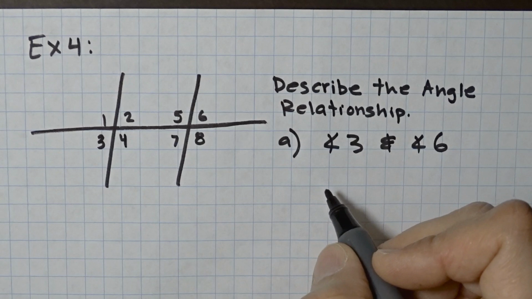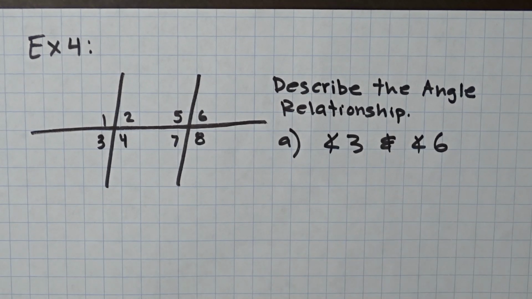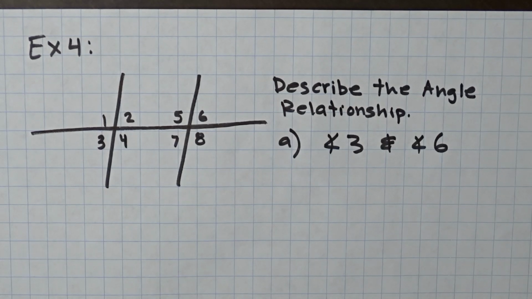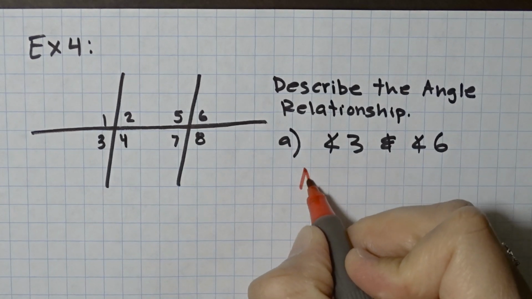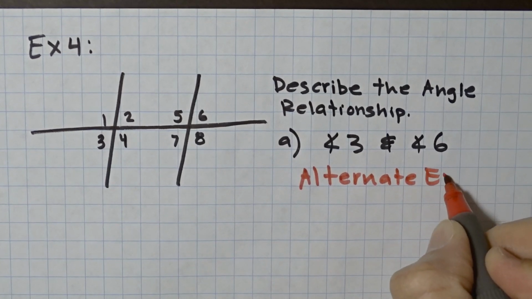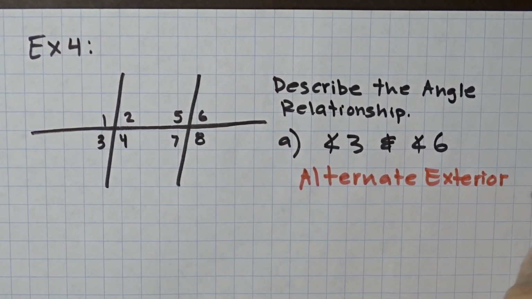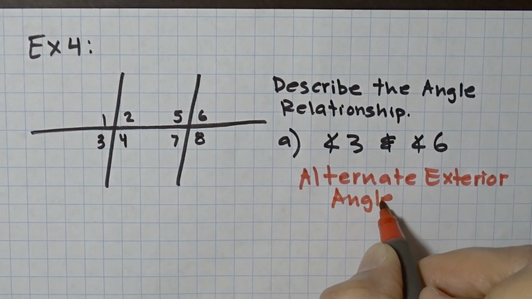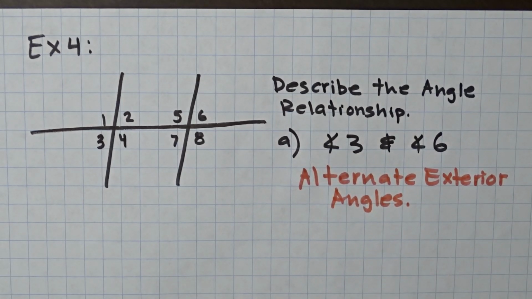So I'm going to say that these are alternating or alternate exterior angles. And the giveaway was they were on the outside of the parallel lines and they were on alternate sides. Right, left, top, bottom. Next one.